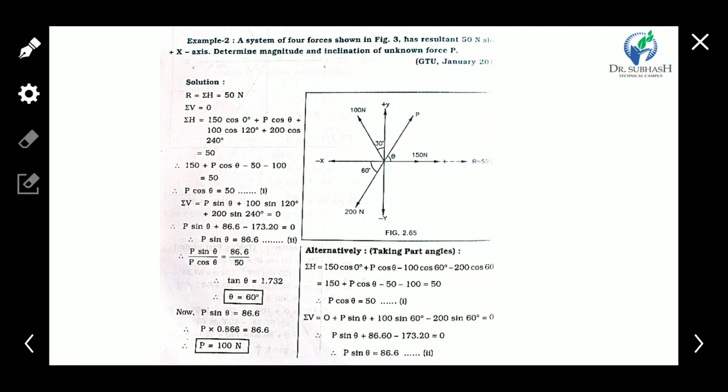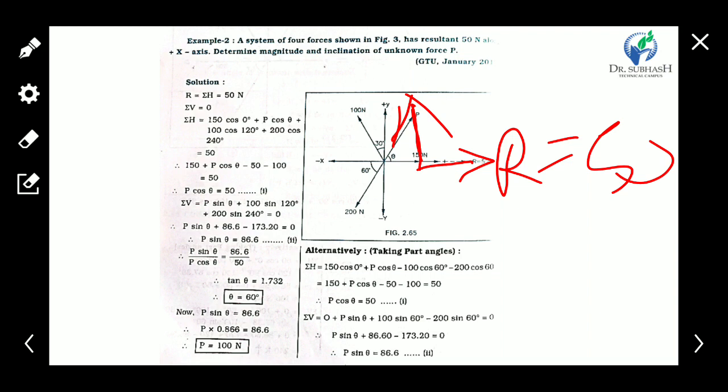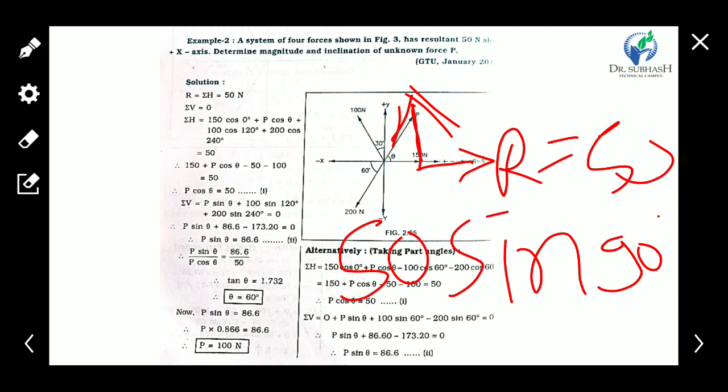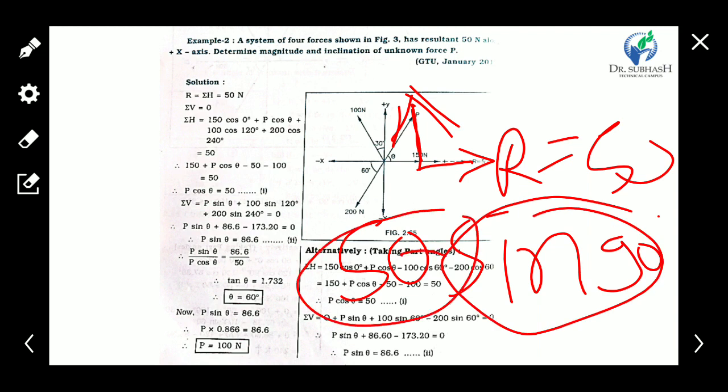What is the vertical component of a perfectly horizontal resultant? R is 50, so the vertical component is 50 sine 90, and sine 90 is 0.